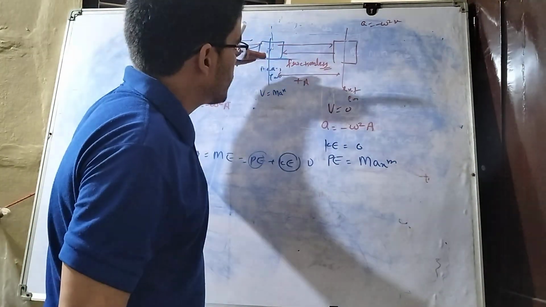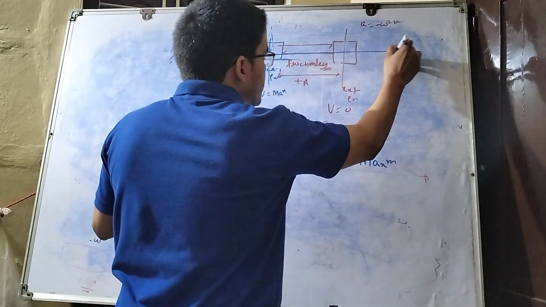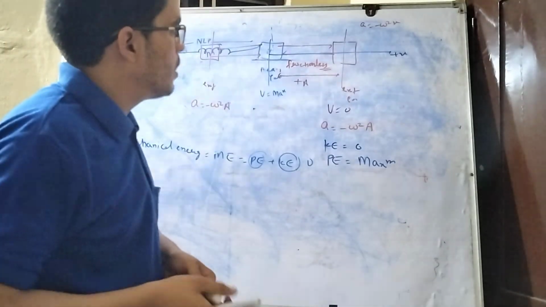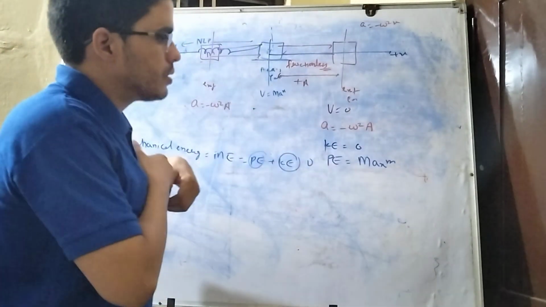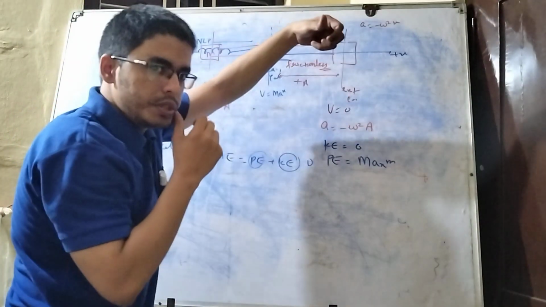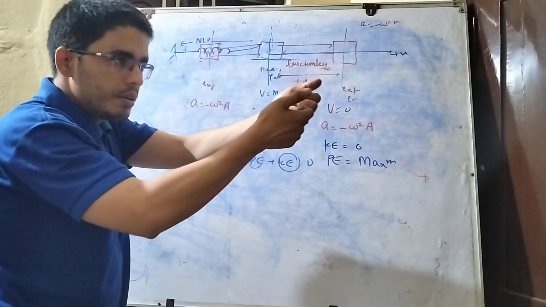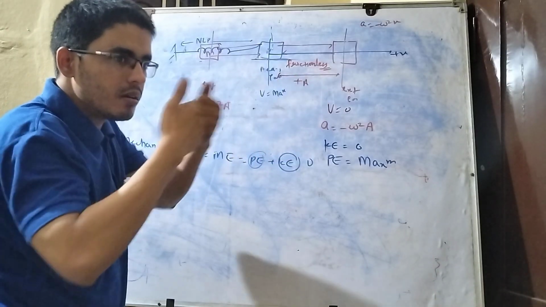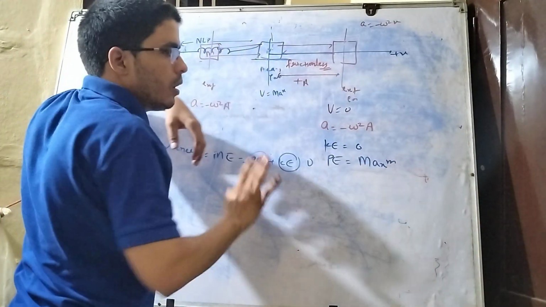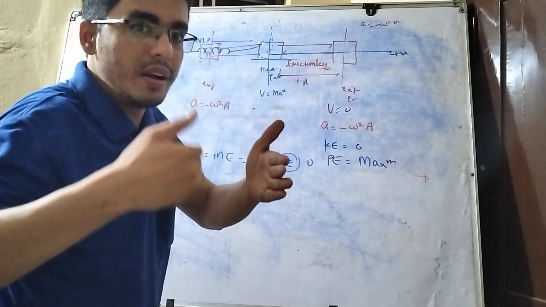Suppose the motion is plus x. Assume the motion is plus x, but due to the restoring force, if the particle is going plus x, the restoring force acts opposite. Why opposite? Because the restoring force always wants to come back toward the initial or mean position of the particle. The spring is expanding now, but the restoring force does not want expansion, it wants only natural length.